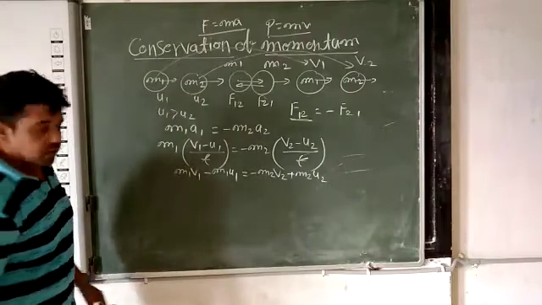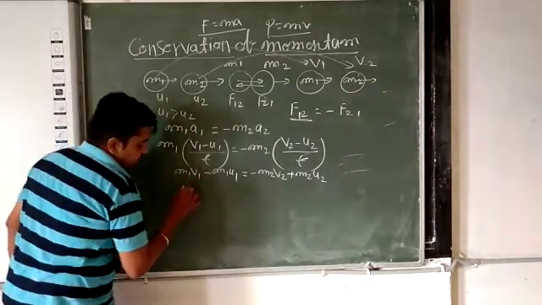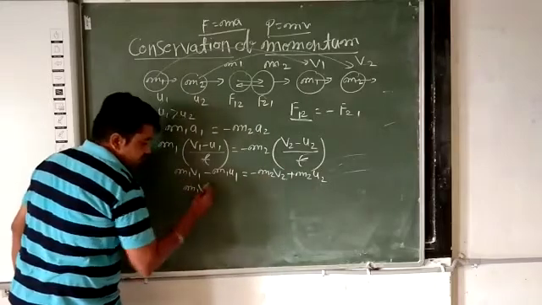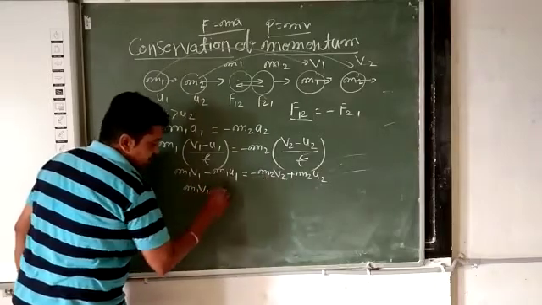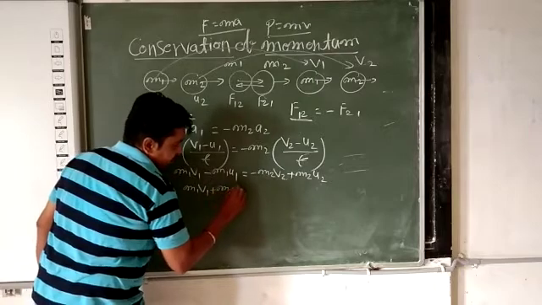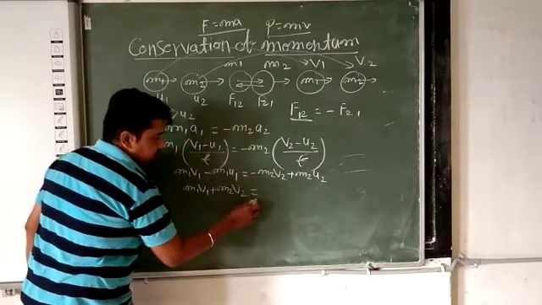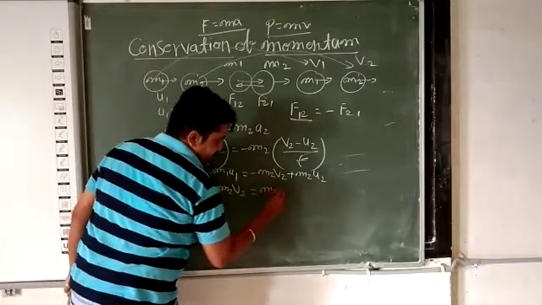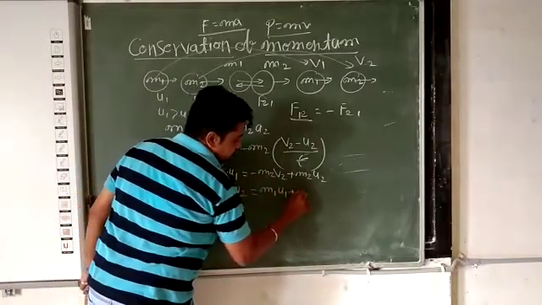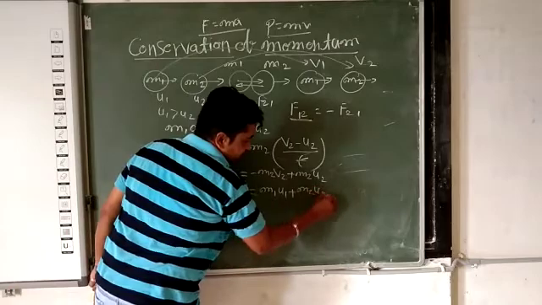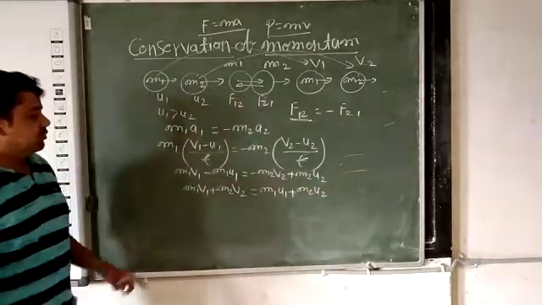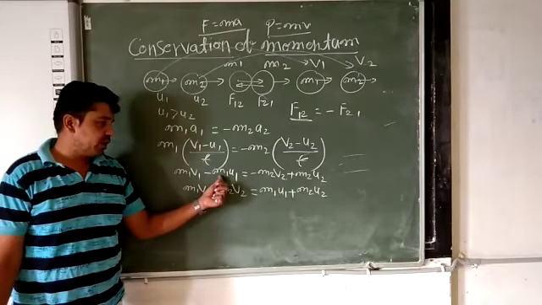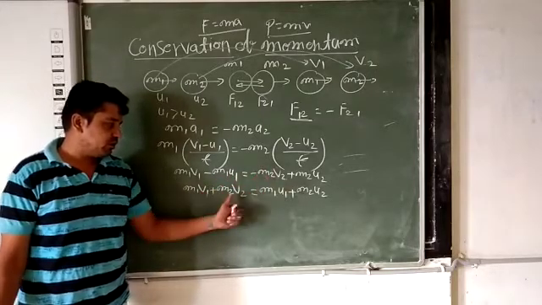Is that clear? So this m1 v1 and this m2 v2 transpose here, so definitely the minus becomes plus m2 v2, equal to m1 u1 transposed to the right-hand side, m1 u1 plus m2 u2. I follow the transpose rule, so the negative becomes positive and this negative also becomes positive.